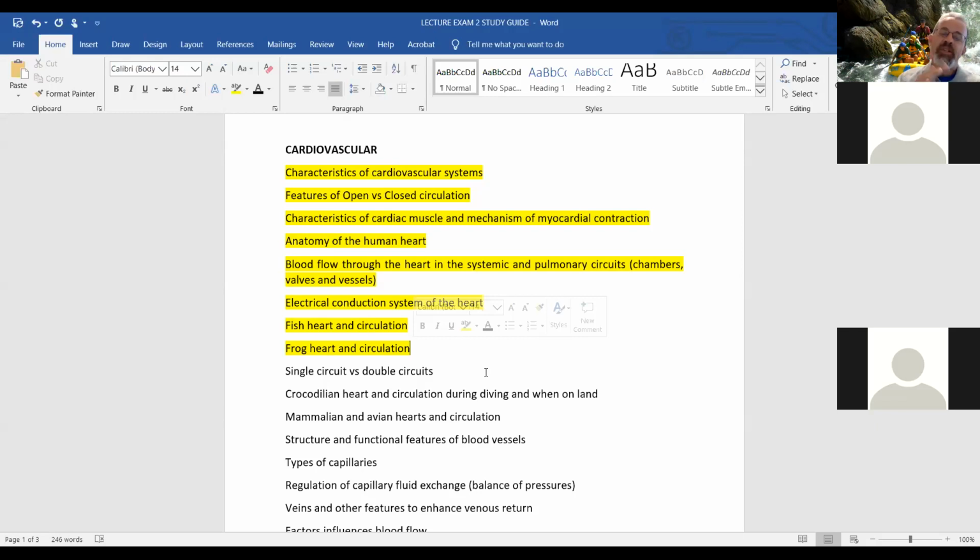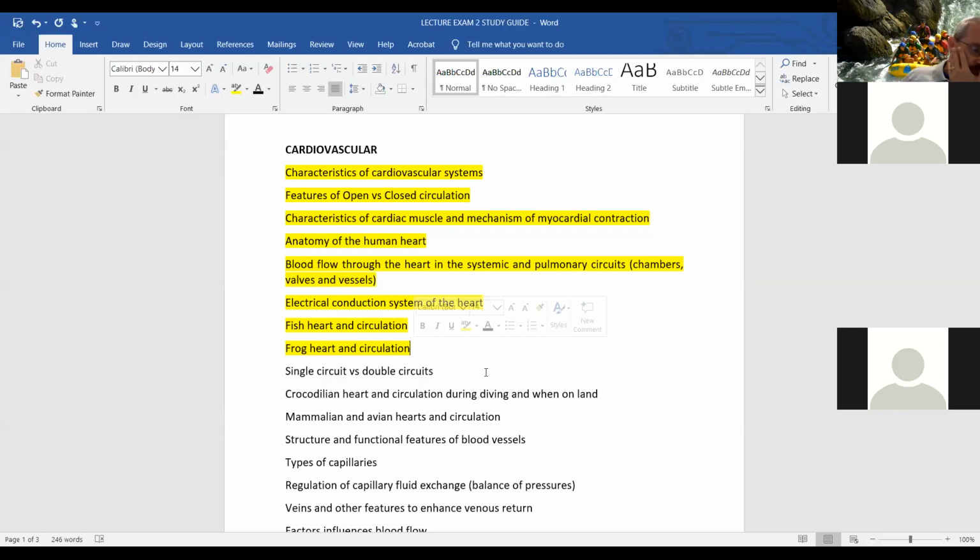And remember, I mentioned that with two atria and a single ventricle, there's the concern about the oxygen-poor and oxygen-rich blood mixing, which can hinder the delivery of oxygen-rich blood to the systemic circuit. But remember, we've got this spiral valve that helps to divert oxygen-poor blood from oxygen-rich blood.